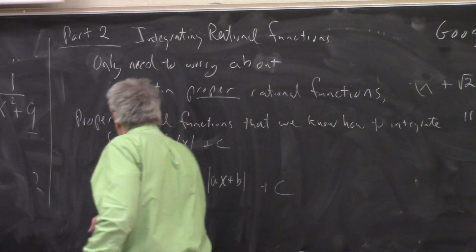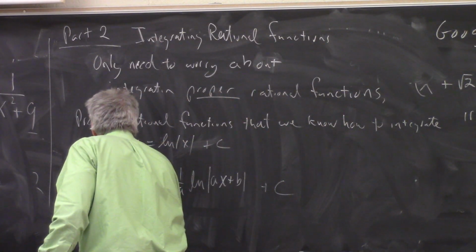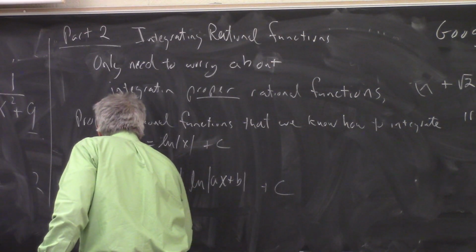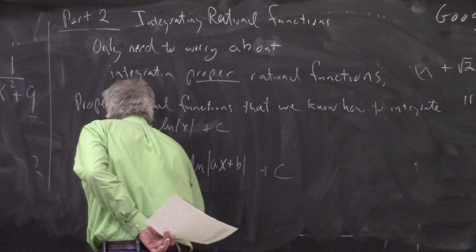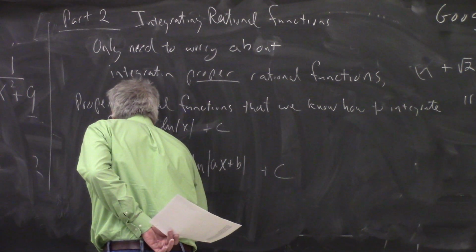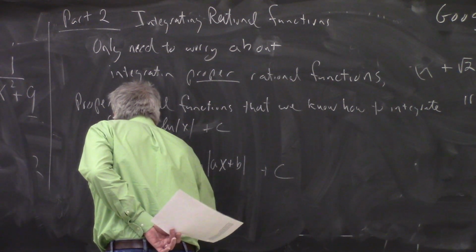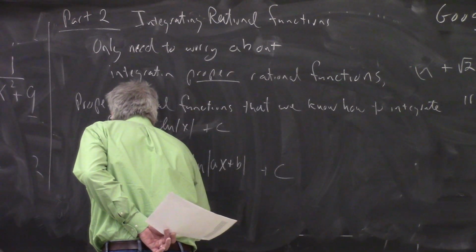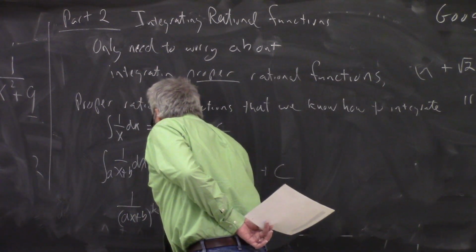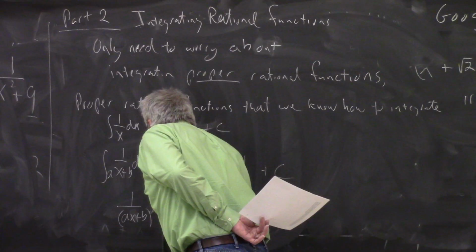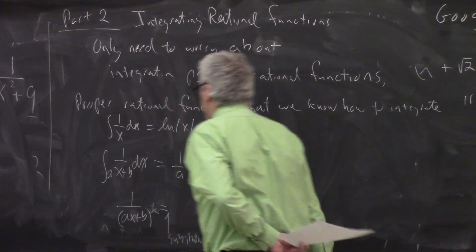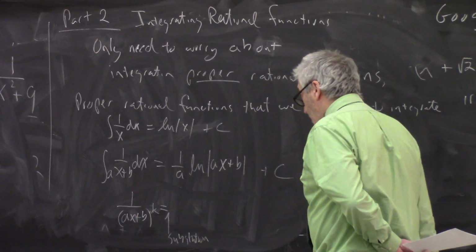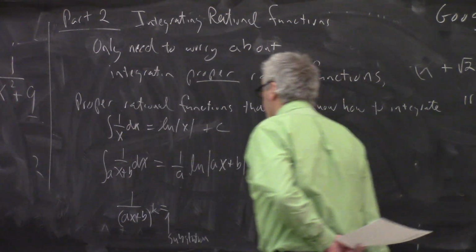And then 1 over ax plus b to some other power, say some power k. Well, you'd use substitution on this one, because that's not a logarithm problem. That's going to be just a power rule function.